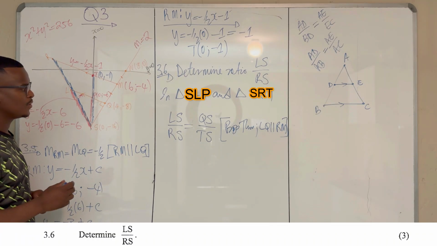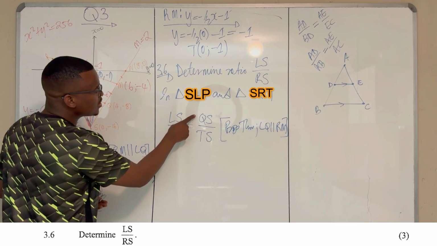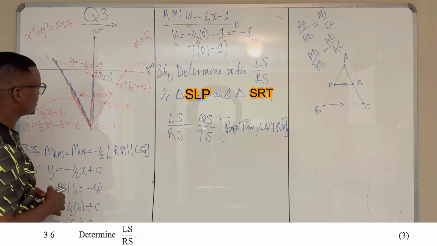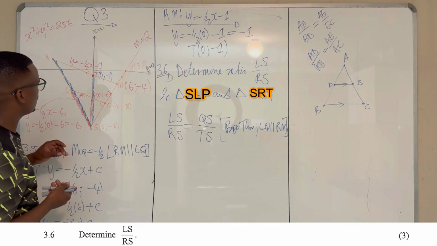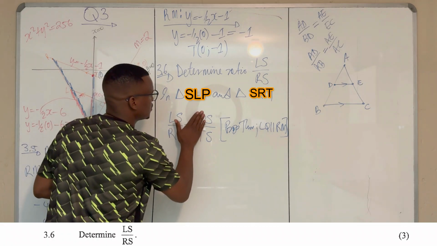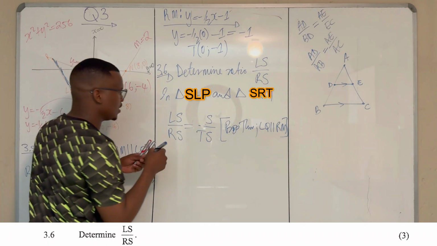Right? No problem. So we want LS over RS. So we can find distance QS and distance TS. What is QS? What did I get Q? Should be PS, not QS. Should be this distance over here, PS over TS, not QS.